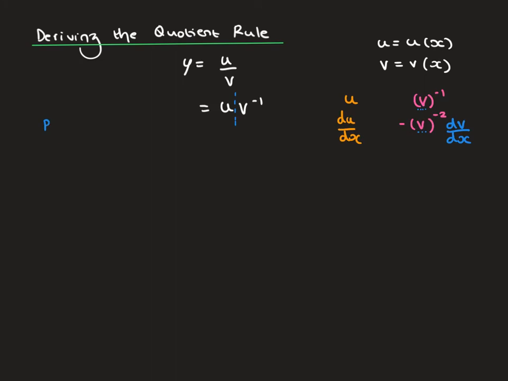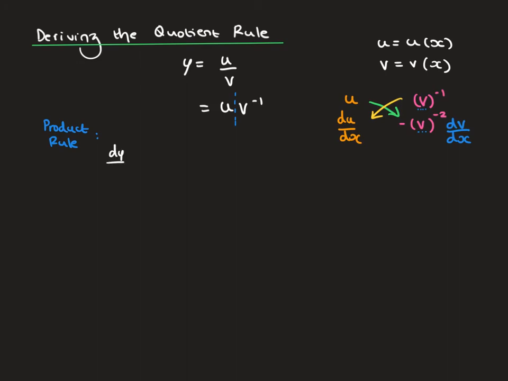Now, the next thing I need to do is apply the product rule to this. So remember, the product rule works in pairs. We need u multiplied by this, and then the other way around, we need this multiplied by this, and we then add these parts together. And it doesn't matter what order we do it in, because as we know with the product rule, you're adding, so you can do it in either order.